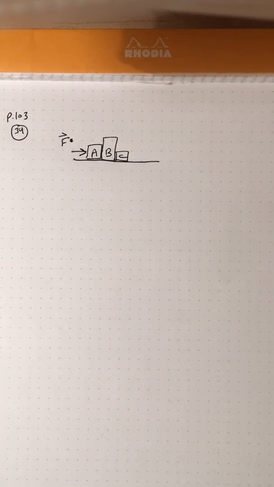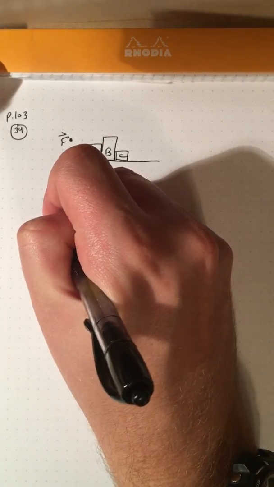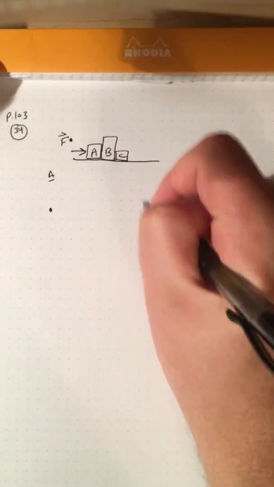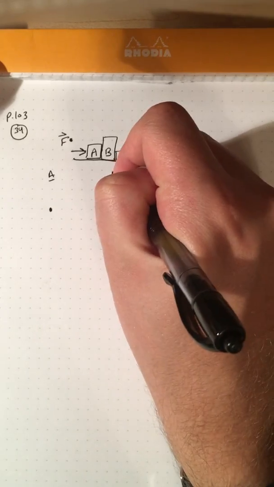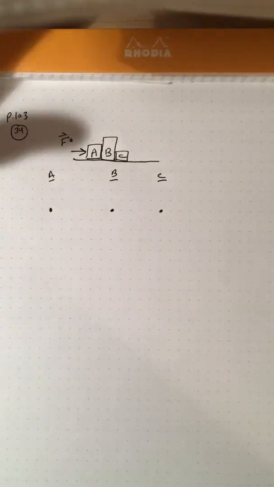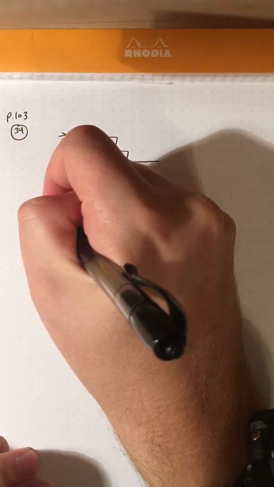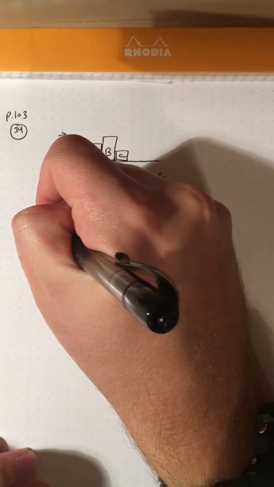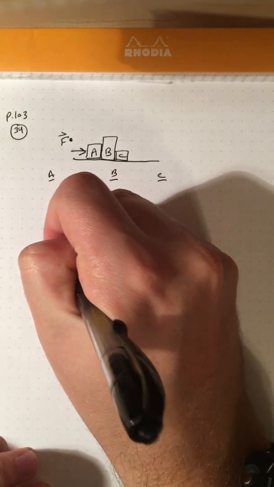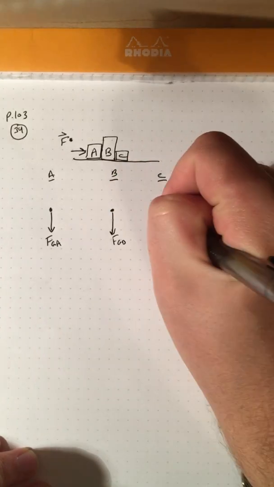Part A says, draw a free body diagram for each block. All right, so I've got three blocks. I'm going to draw a free body diagram for block A, for block B, and for block C. Let's start with the easy part. We know that all of these blocks have gravity, and they all have a normal force.